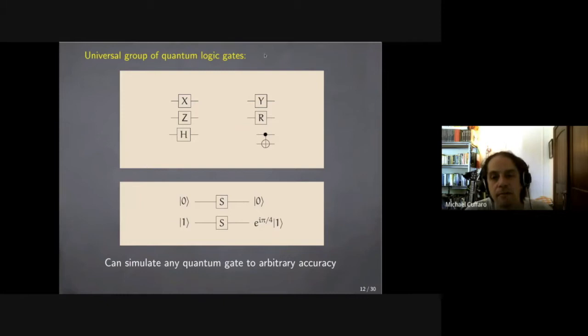This is not the only universal set of quantum gates, but it's an important one. Together, these can be used to construct any quantum circuit.